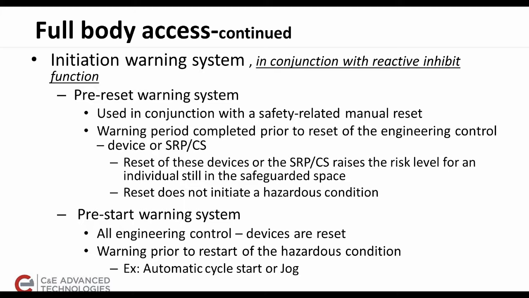The reason for this concern is that when the safety-related parts of the control system are reset, such as when the safety light curtain has been reset, we're now depending on conventional controls to prevent motion, which are obviously not safety rated, and therefore there's an increase in potential risk. Another thing to remember, this reset of the safety device does not initiate a hazardous motion.